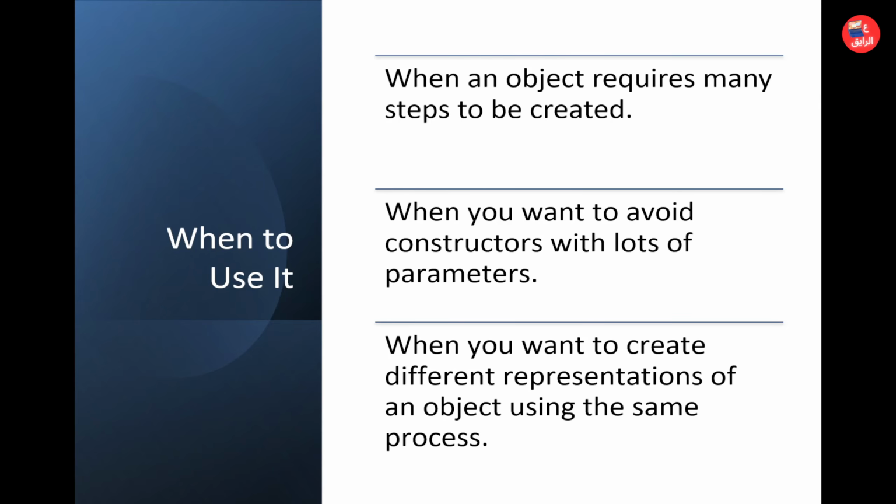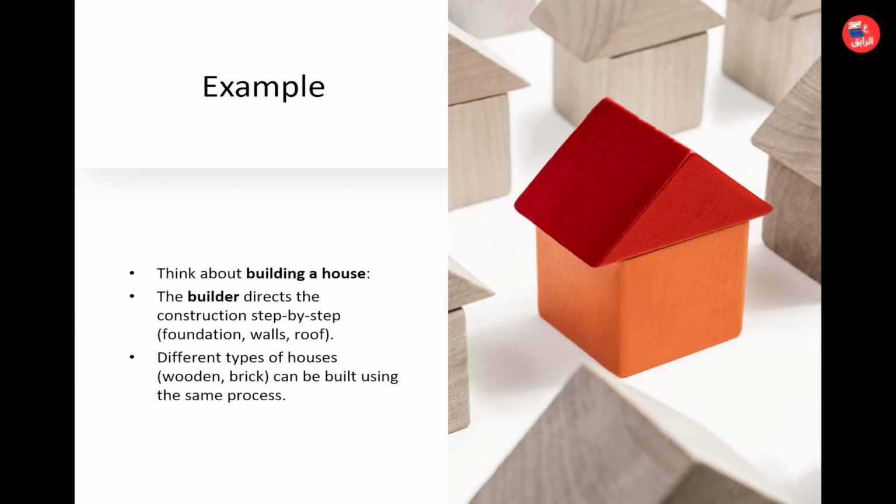When to use the builder design pattern? When an object requires many steps to be created, or when you want to avoid constructors with lots of parameters, or when you want to create different representations of an object using the same process.